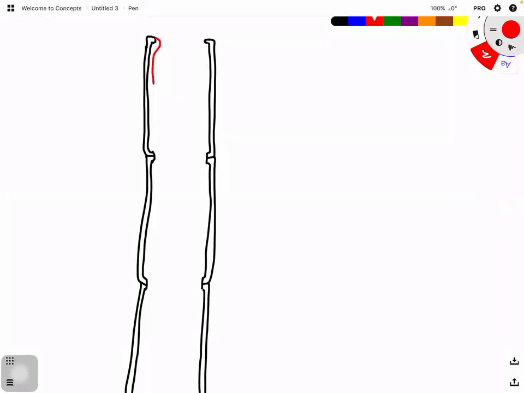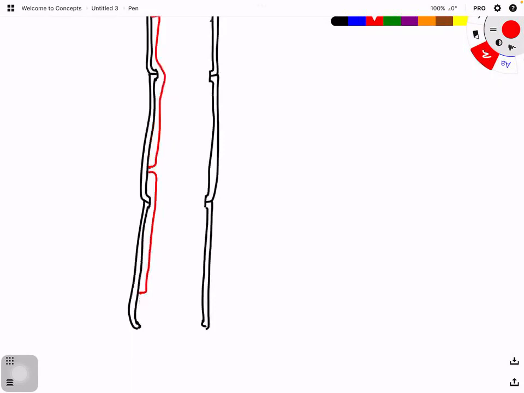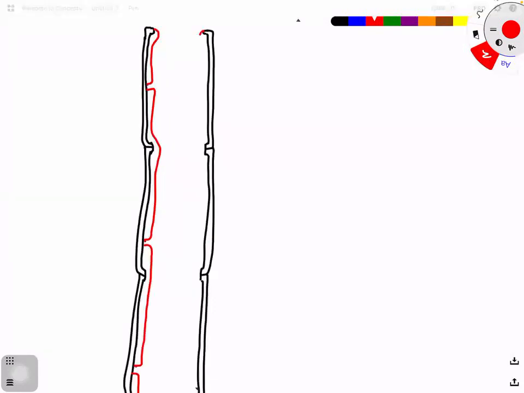Sometimes you may have the pits, where the lignin deposition does not take place. The red color is lignin. So the parts without lignification are termed as the pits.